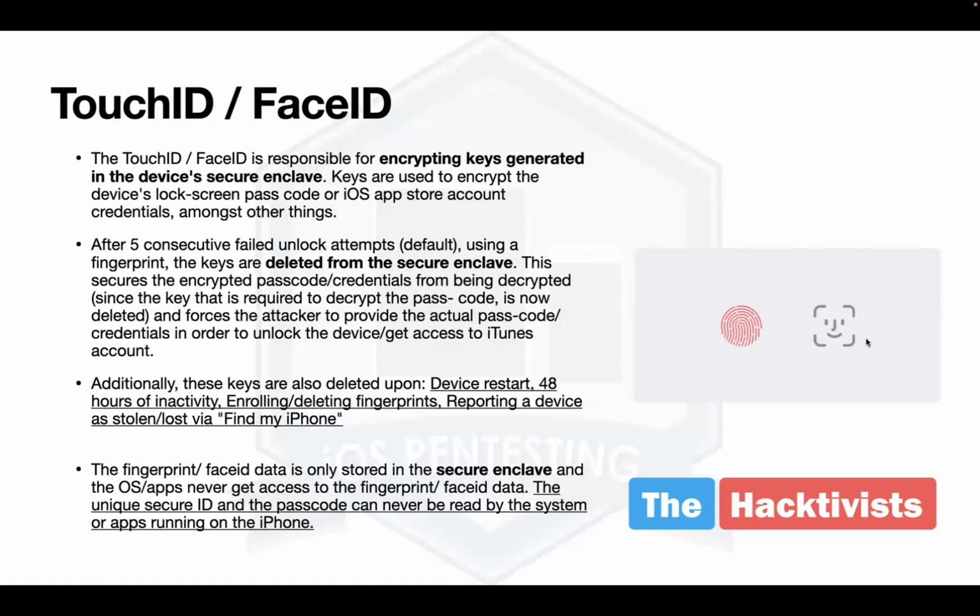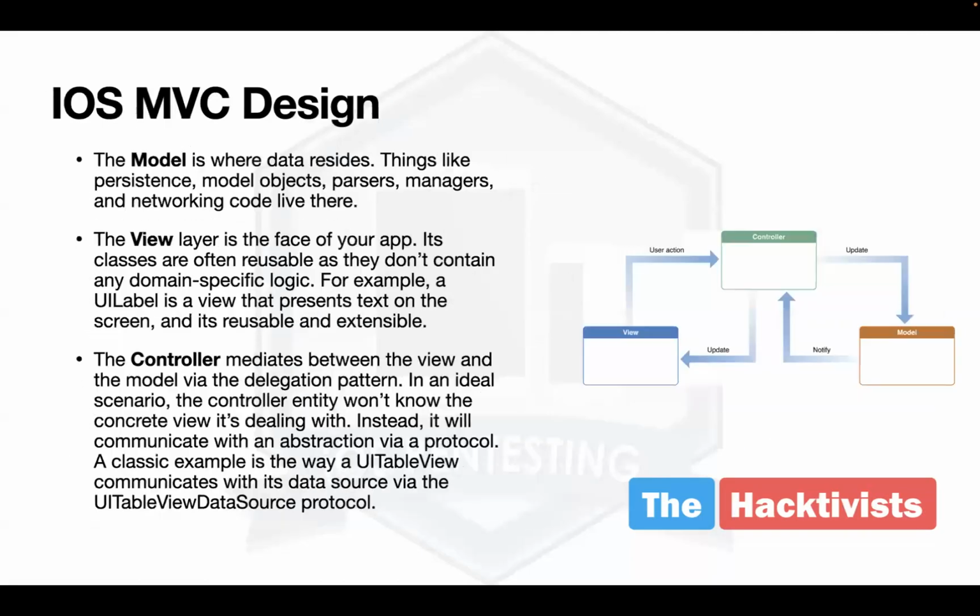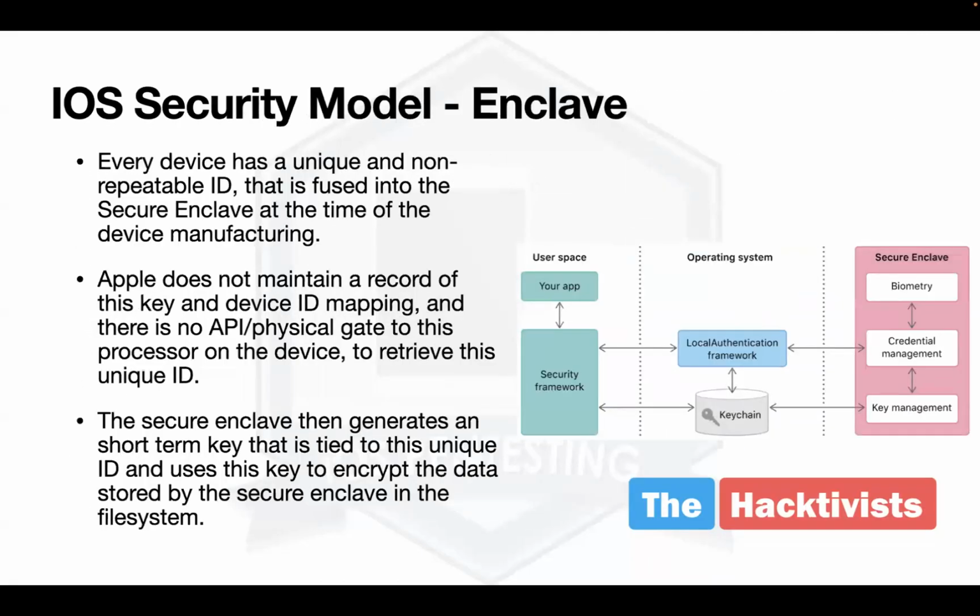What does it actually do in the backend? Typically it generates specific encryption keys. In our previous slide we understood the secure enclave, where all this sensitive data is stored. In the same way, your Face ID data or Touch ID data will be stored here itself.